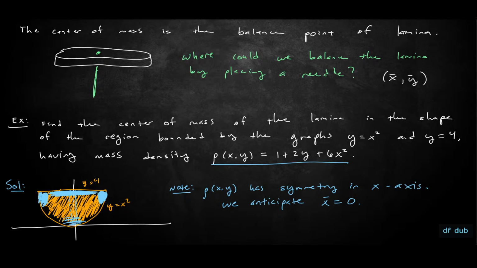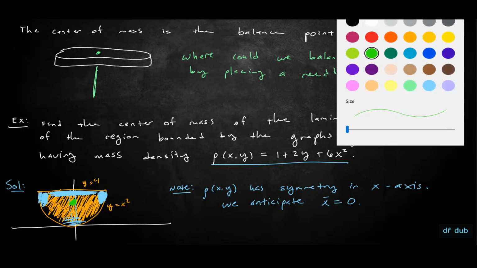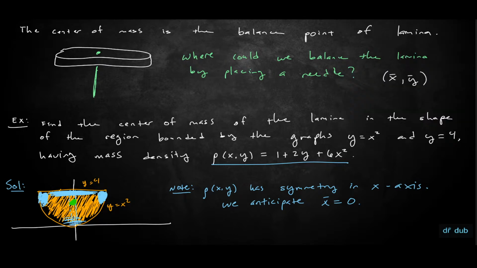I anticipate the center of mass will be somewhere up along the y-axis, right around here. So how do we calculate the center of mass? Well, we just go through and do the computation.